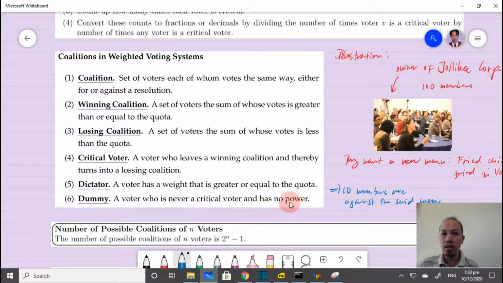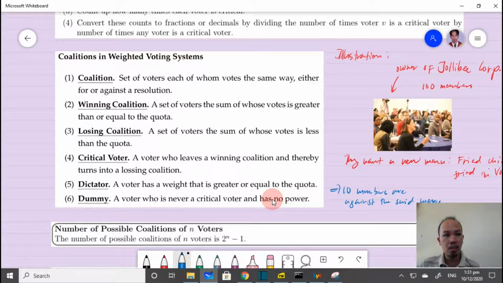I discussed that already in the first discussion, I guess in the Jollibee Corporation, where there are three members of that company. I guess we have 90, 90, and 20. The weight of the first voter is 90, the second voter is 90, and the third voter is 20. Or maybe I am wrong, maybe the second one.